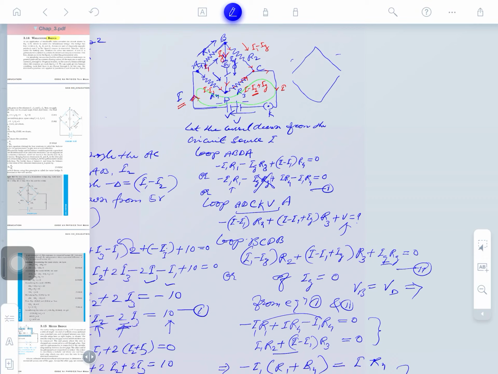At VB equal to VD, meaning IG is equal to 0, when no current flows through one diagonal, at this condition the ratio of adjacent resistances equals the ratio of the other two adjacent resistances, that is P by Q is equal to R by S.